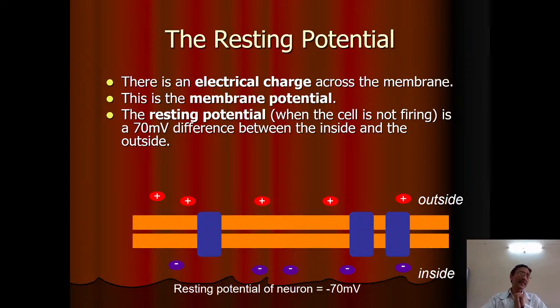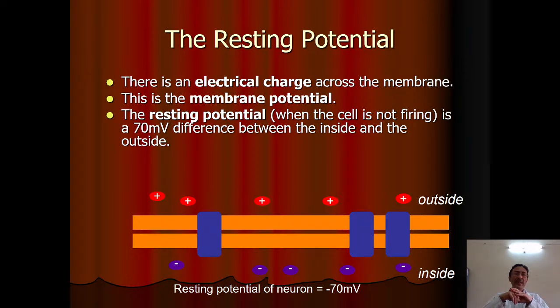It is called the resting membrane potential because it is the time when the nerves or the muscles are not active or are under resting conditions. So the potential across the membrane when the nerve, muscle, or any excitable tissue is not transmitting any signals is minus 70 millivolts.